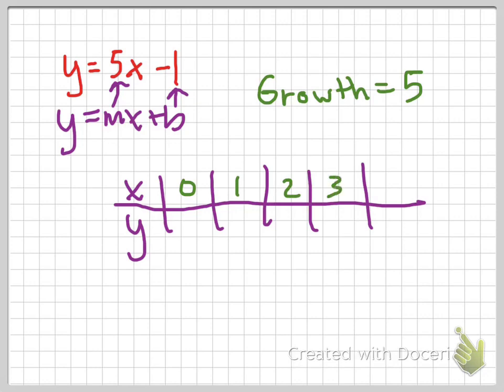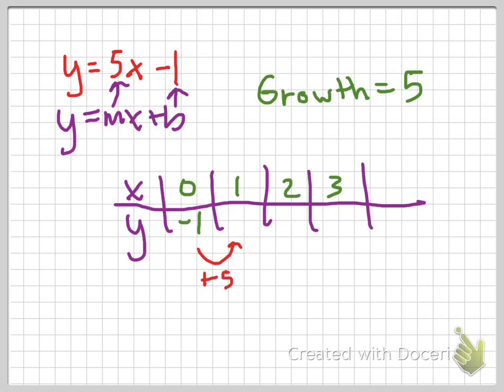Well, the starting number comes from the b, so in this case it's a -1 that we're looking at here, which means in my table, my start number is going to be at -1. My growth number looks like it's a 5x here, so we're growing by 5, which means I'm going to look at the pattern and realize that I have to be going up 5 for each growth.